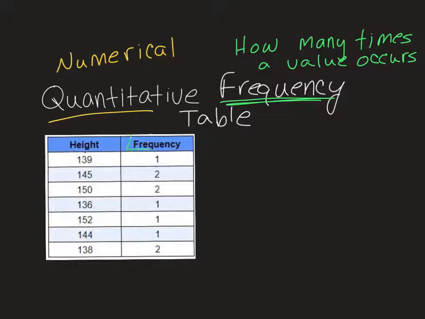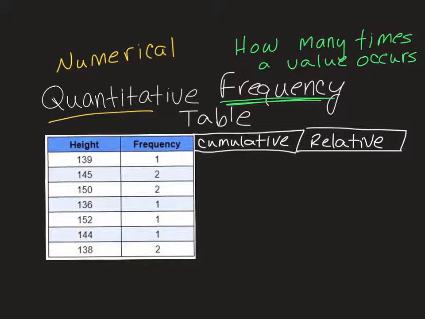So for example, here, you see that one person has a height of 139 inches, two people have a height of 145, two people have a height of 150, etc. So quantitative frequency just refers to how many times a particular numerical value occurs. Like how frequent is it?